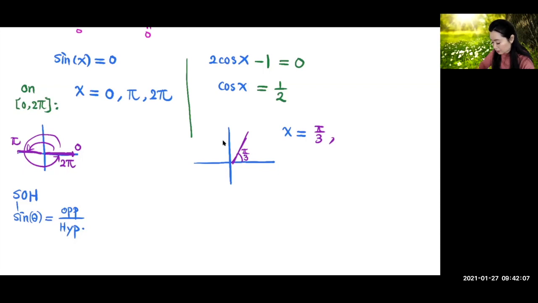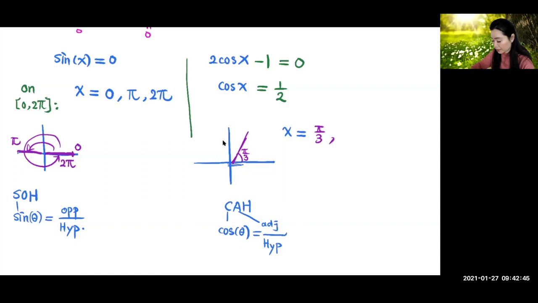So cosine is going to be adjacent over hypotenuse. So the adjacent side here over this hypotenuse will be 1/2. So pi over 3 is one of them. What else?